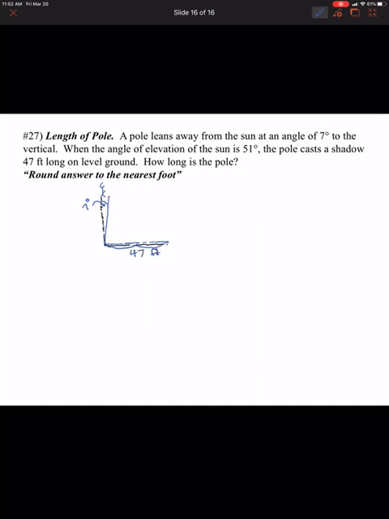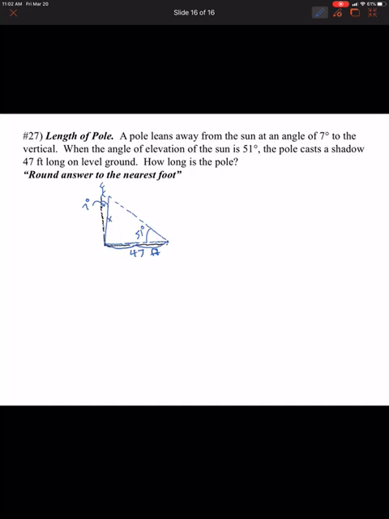The angle of elevation is the angle formed between our horizontal and our line of sight, so let's draw in this line of sight from the ground looking up to the top of the pole. The angle of elevation here is 51 degrees. The pole, which is our unknown, I'll label X. That's the height we'll find.